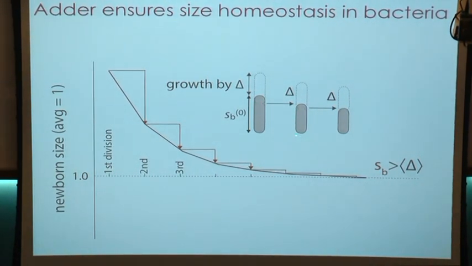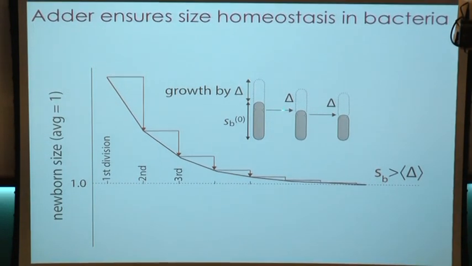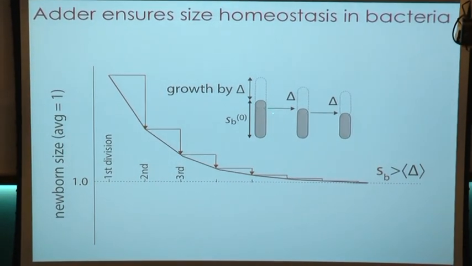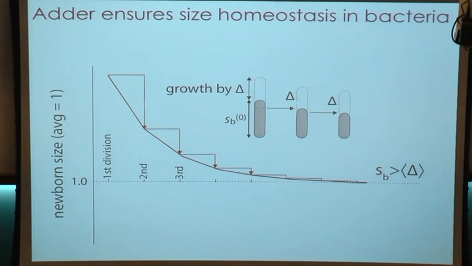So in the next generation, the daughter cell becomes slightly smaller than the previous one. It adds the same delta again and divides in the middle, and the next generation becomes even smaller. This will continue until the daughter cell itself becomes exactly the same as delta. Then it will stay there.